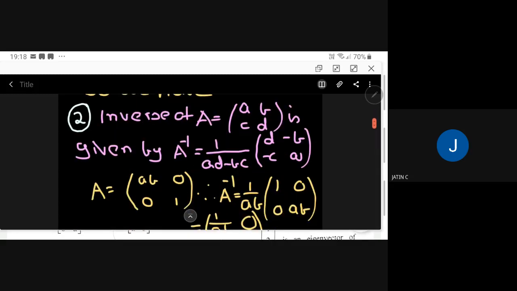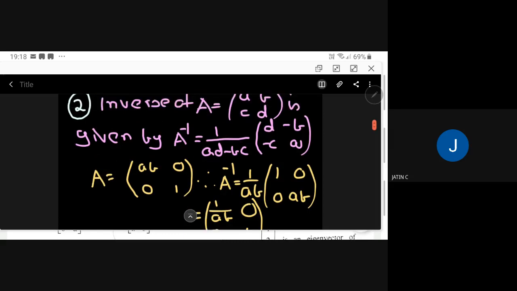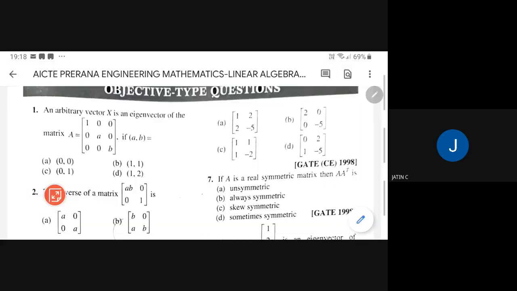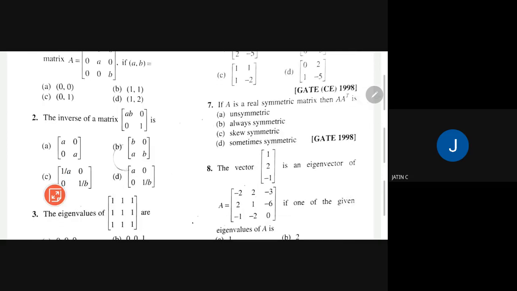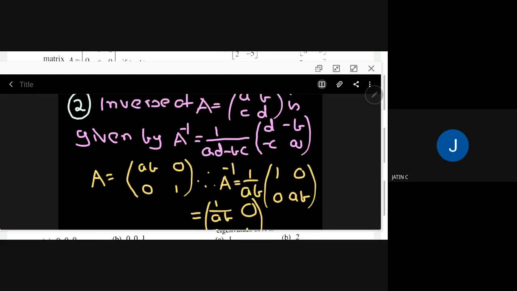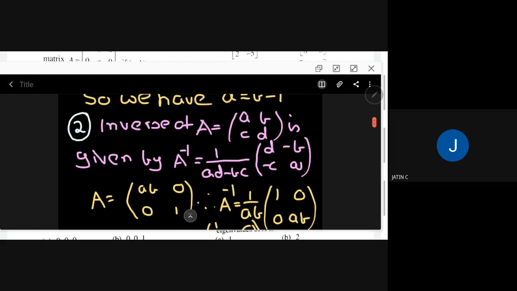Now you take the next problem. The next problem here is the inverse of the matrix with rows A B and 0 1, that is the question they have asked. For a matrix with entries A, B, C, D, the inverse is given by 1 by (AD minus BC), times the matrix where A and D along the diagonal are interchanged, and you have minus C and minus B. So in this case, in place of A we have AB, in place of B 0, in place of C 0 and in place of D 1.